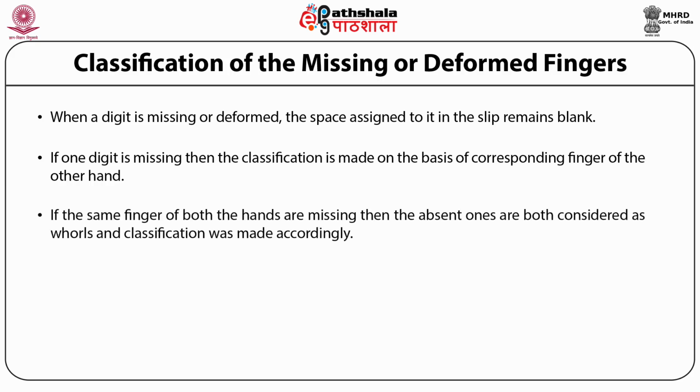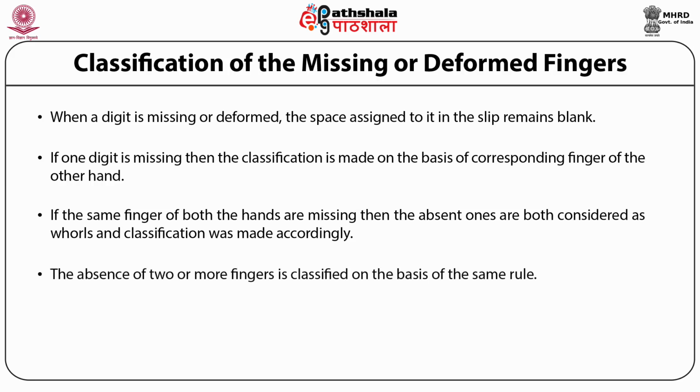If the same finger of both the hands is missing, then the absent ones are both considered as whorls and classification is made accordingly. The absence of two or more fingers is classified on the basis of the same rule.